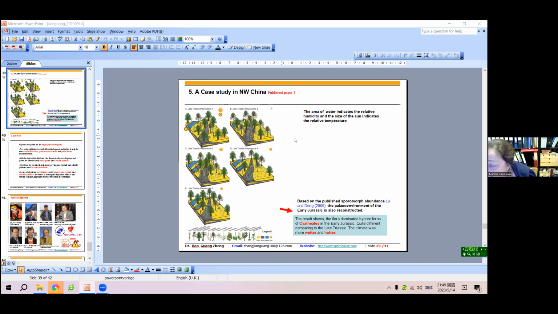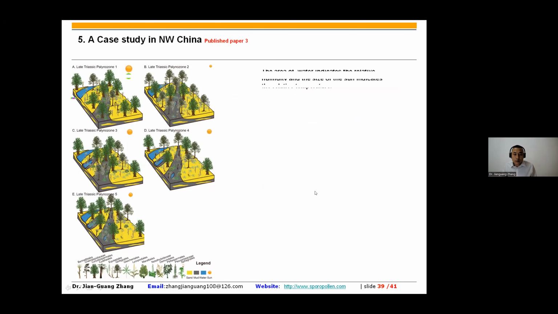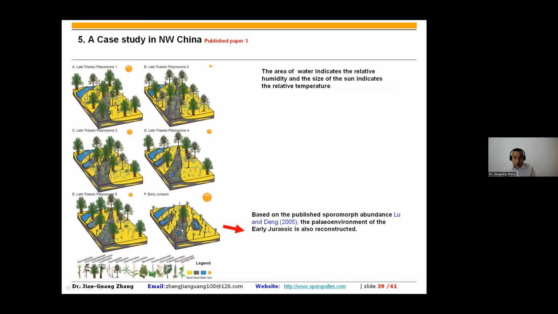But what about mass extinction in China at this level? Yeah. We have massive extinction in China, but you see this four group is late Triassic, but under the sixth picture is early Jurassic.